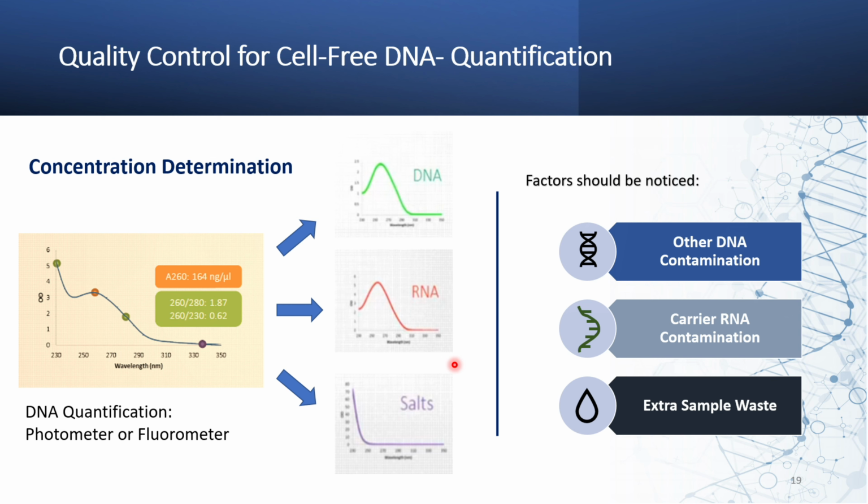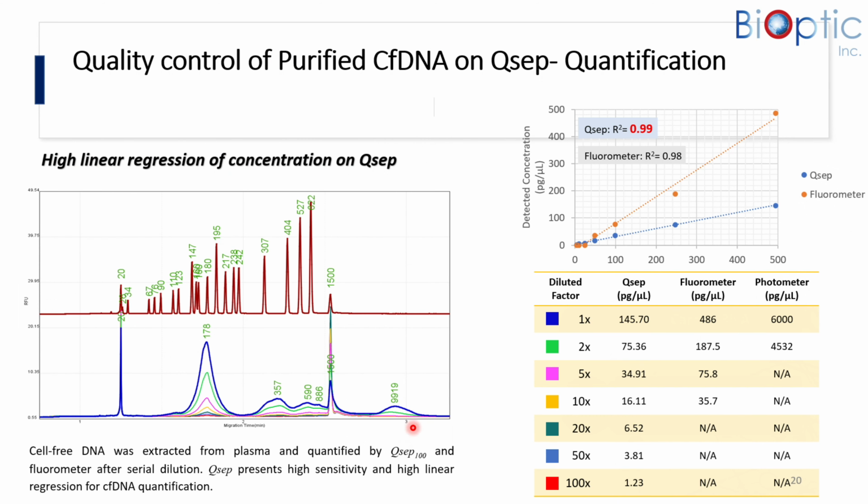Therefore, when we calculate the cell-free DNA concentration by photometer or fluorometer, it is easily overestimated due to other materials, such as genomic DNA and carrier RNA contamination. Furthermore, extra sample consumption is also a concern during the cfDNA qualification and quantification.